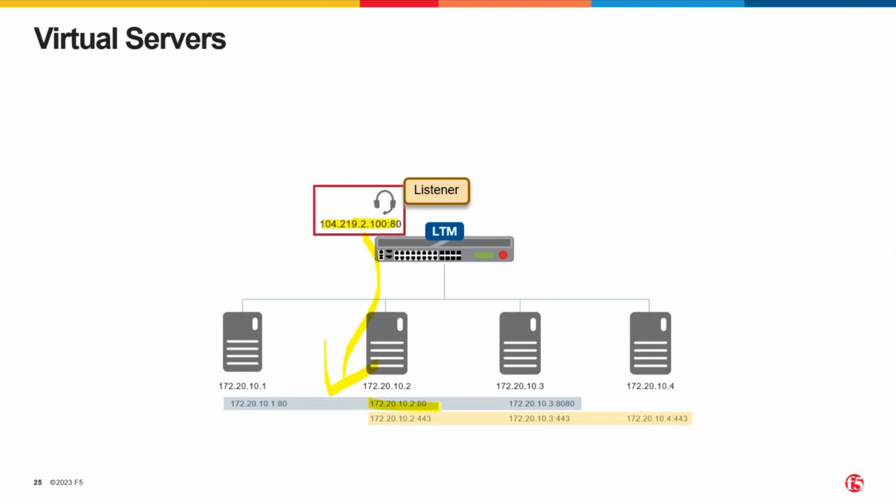nodes or pool members. BIG-IP by default is not passing any traffic. So it's not like an open switch or whatever. It will not pass any single packet before you configure those objects. So you have to configure at least a few of those to be able to pass the traffic through BIG-IP. Otherwise, it will not pass the traffic through this unit.